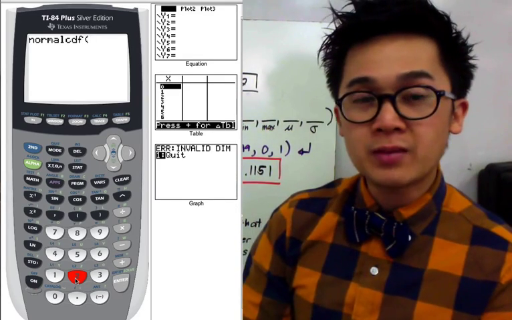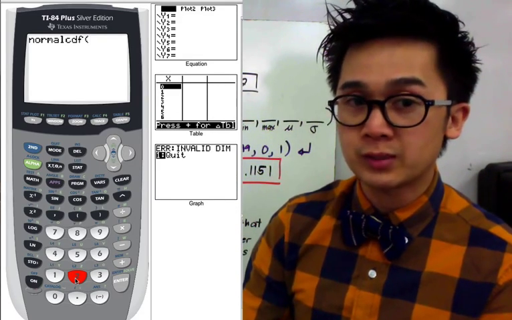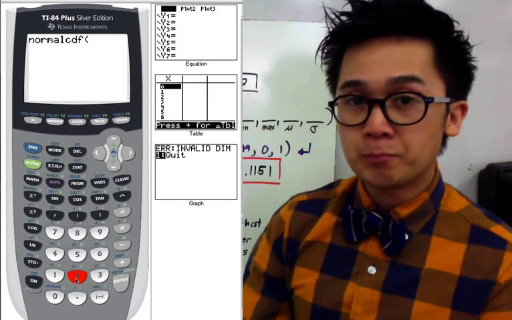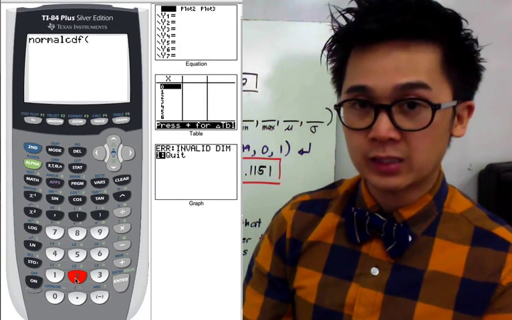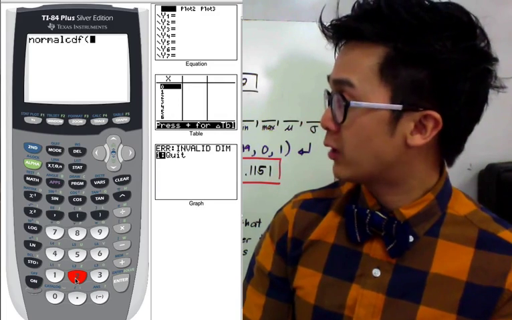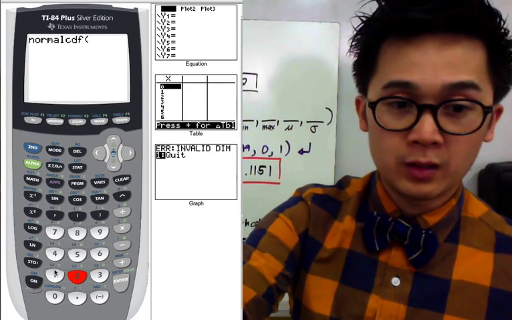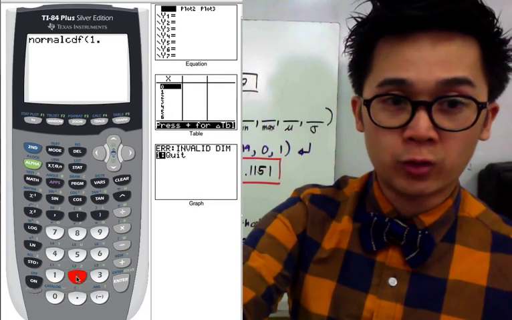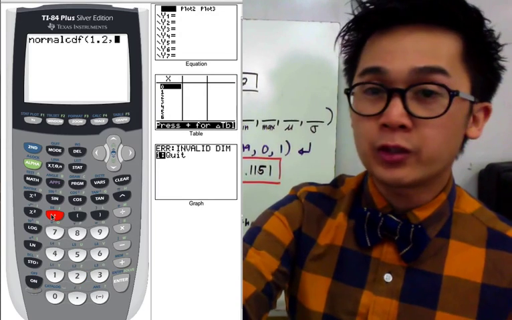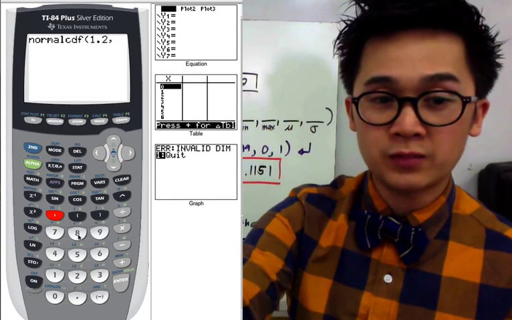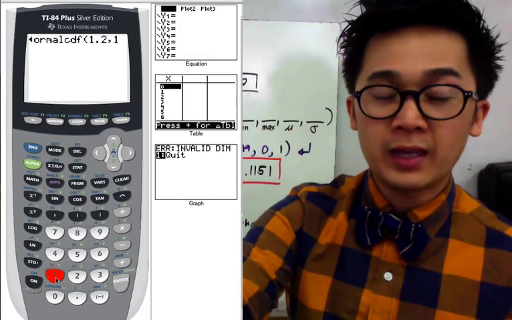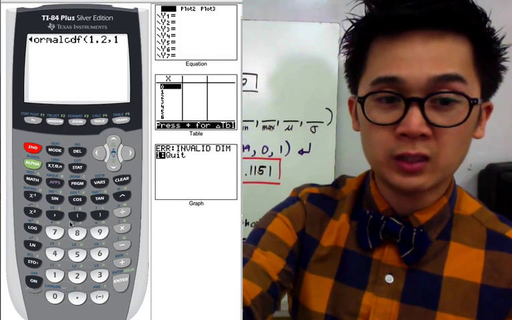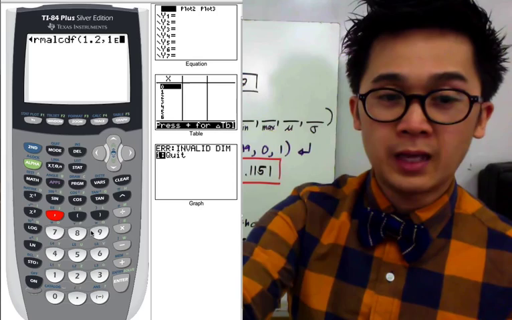Now that you have your parentheses, you will need your 4 numbers, which are minimum, maximum, mean, and then the standard deviation. Our minimum value is 1.2, which is your Z-score, comma, your maximum value is the positive infinity, which is 1, E, which is second function, comma, 99.